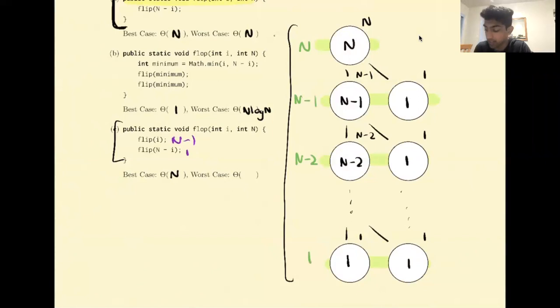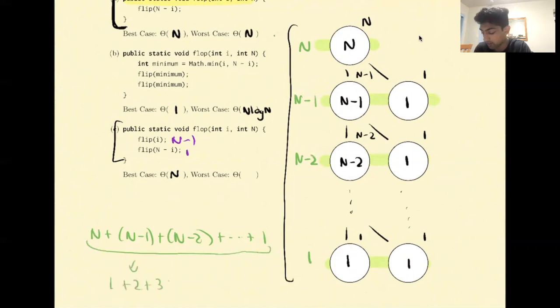And we can see that we get the sum of n plus n minus 1 plus n minus 2 plus ... plus 1. And we know that this sum is just the reverse of the sum that we love, which is on the order of n squared, right? Asymptotically.